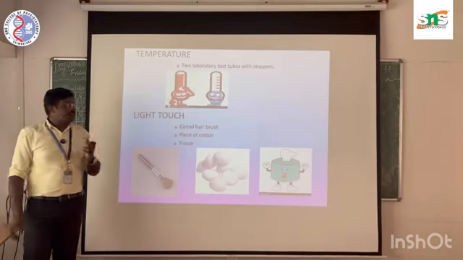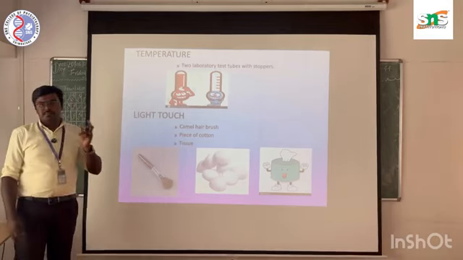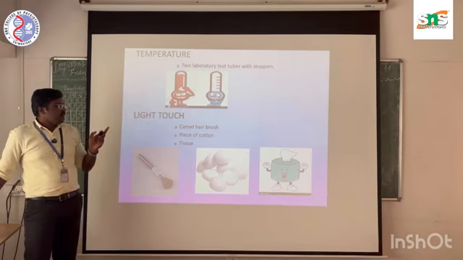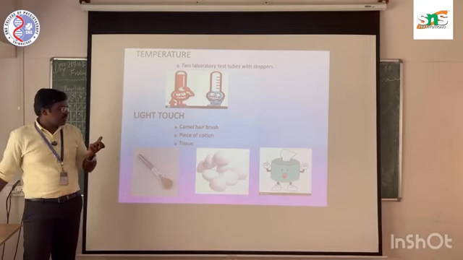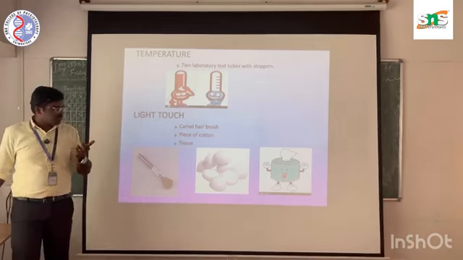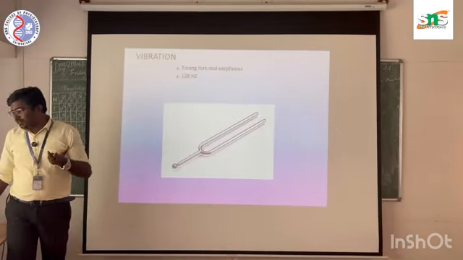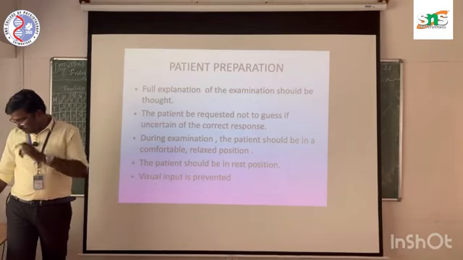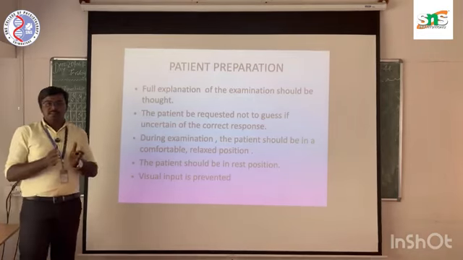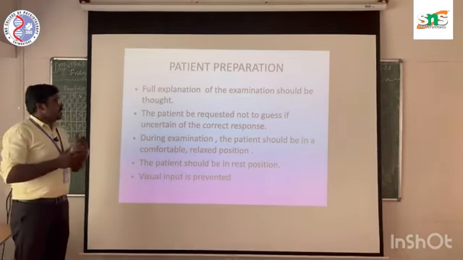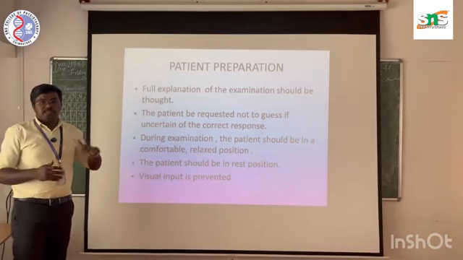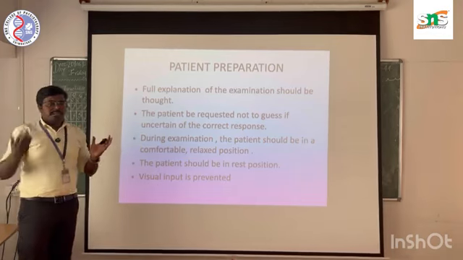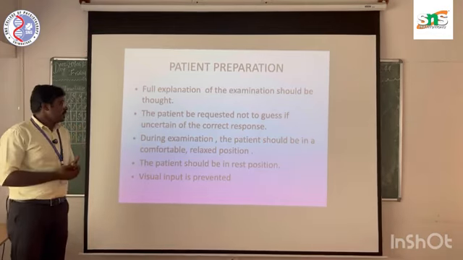For temperature we can use test tubes, and for light touch we can use soft hair brushes or pieces of cotton and tissues, and for vibration we can use the tuning fork. In patient preparation, first fully explain the examination to the patient.